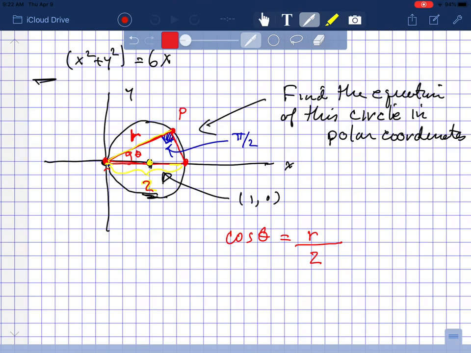So what I find is the following: the equation for this circle is just 2 times the cosine of theta is equal to r, which sometimes is written as 2 is equal to r times the secant of theta. So that's pretty important.